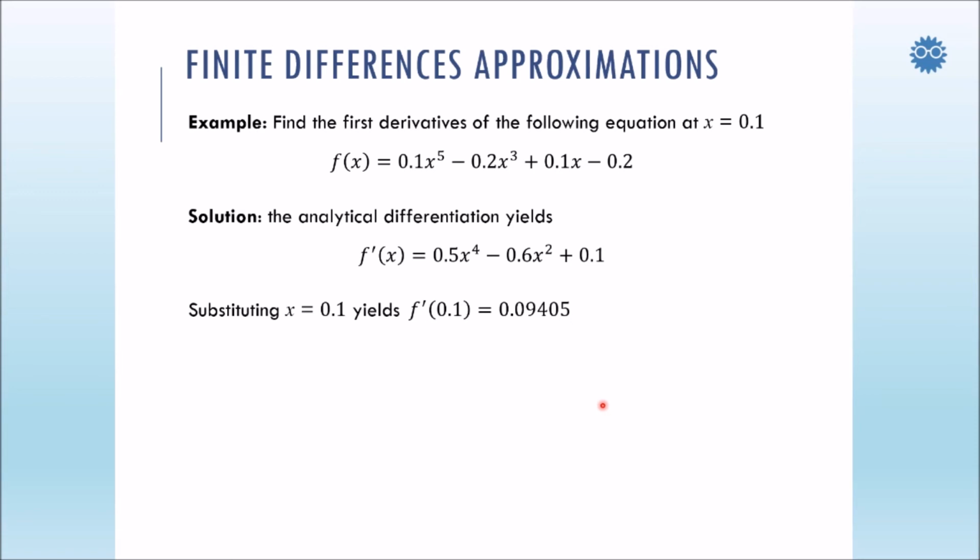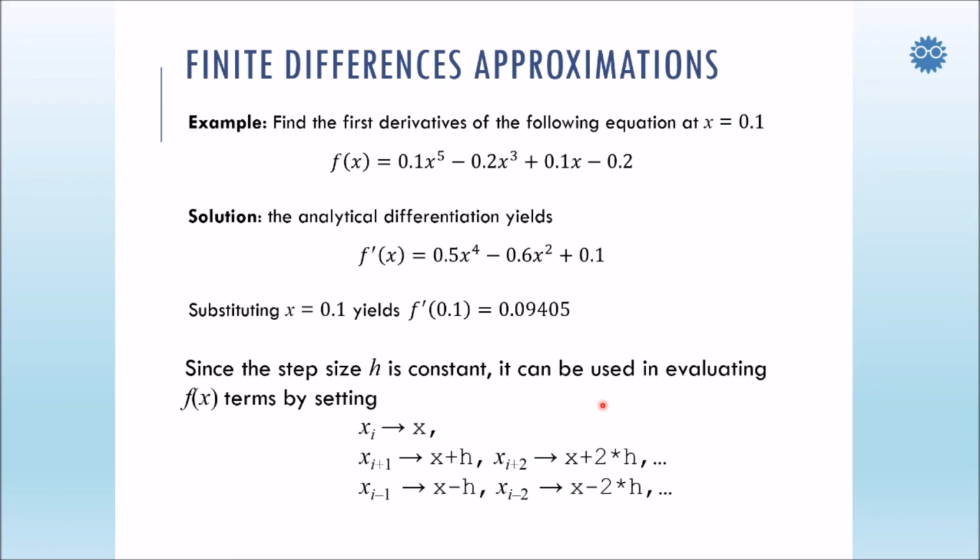Now, let's code this solution. In order to evaluate the values, it's easier to use this notation instead of the subscript notation in the code, because that could be understood as using arrays, and it will be much more complicated in this situation.